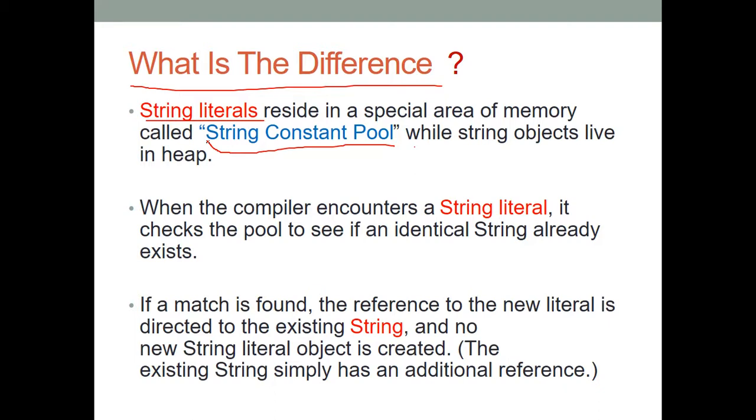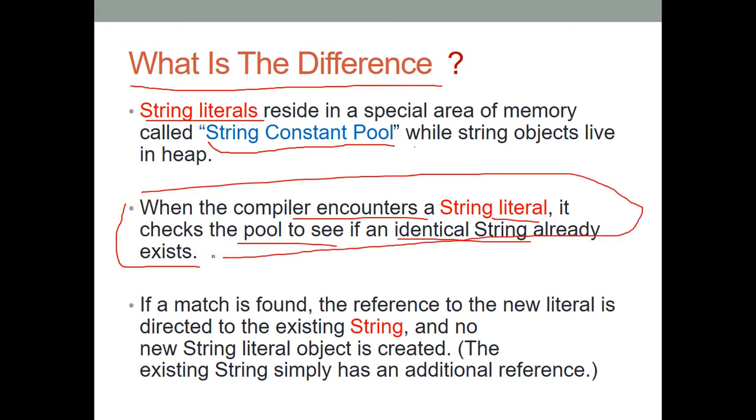When the compiler encounters a string literal, it checks the pool to see if an identical string already exists. It is not going to create another. It means that if a string literal already exists inside the string pool and you create the next object similar to that, then it is not created; it just assigns the existing object's address to the next variable.